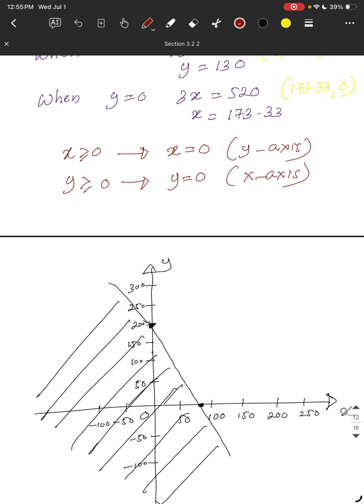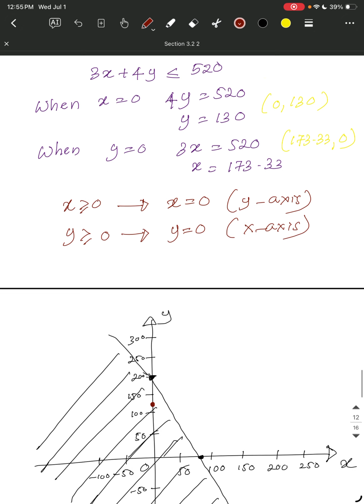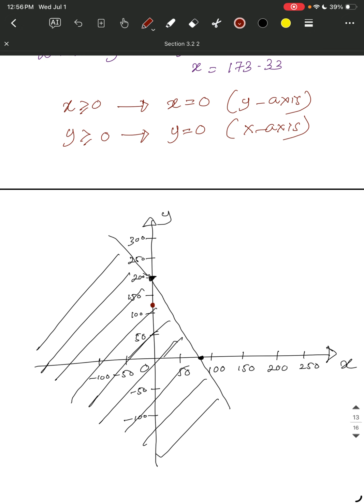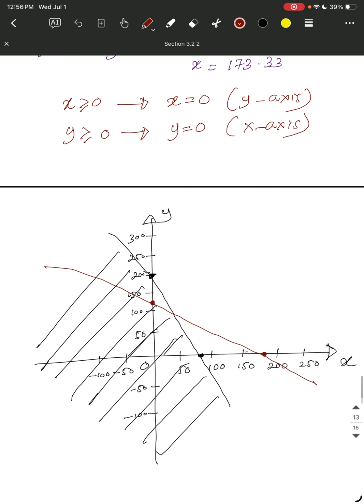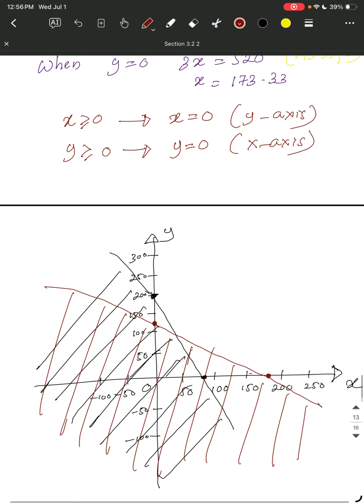Then the second one, 0, 130 and 173, 0. Here again a solid line, and below the line, so the solution region from the second line would be this.